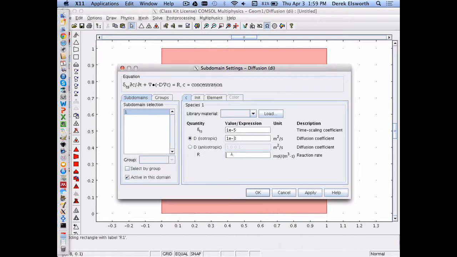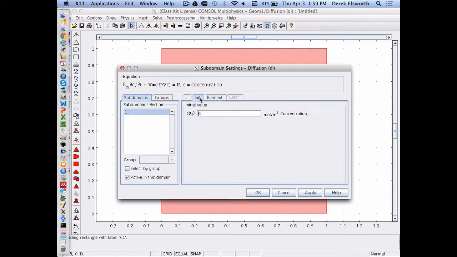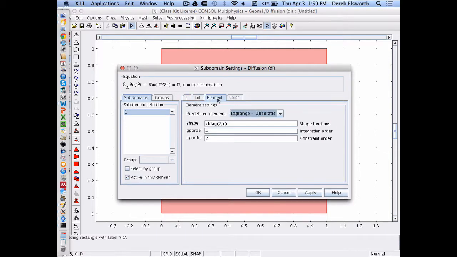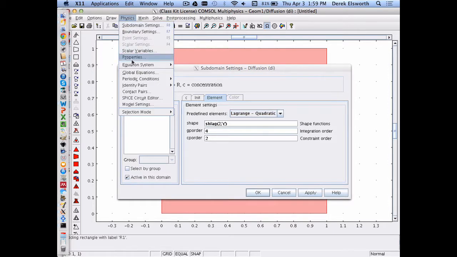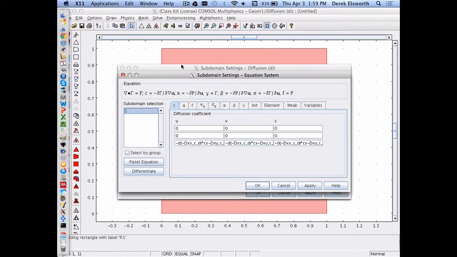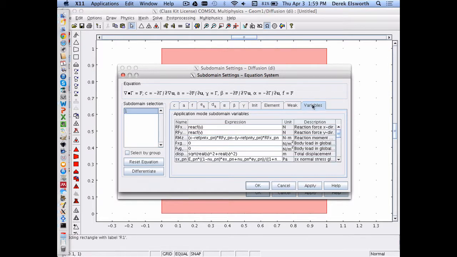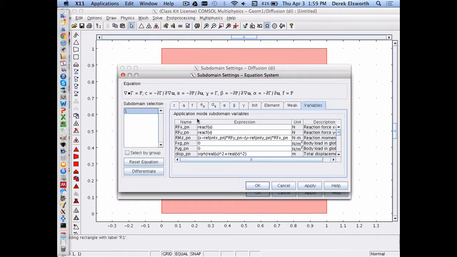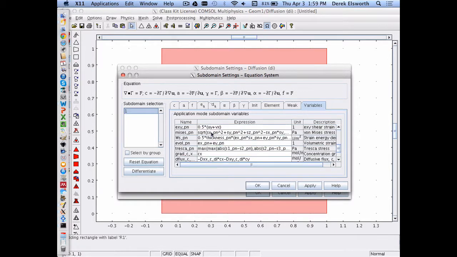Well, we need to figure out what the other terms are. I guess we can't find them out here. Let's see if we can open this up at the same time. Equation system. So this looks at this particular one for concentration. If you look at the variables, it will define some of these variables. You could probably guess what some of them are.